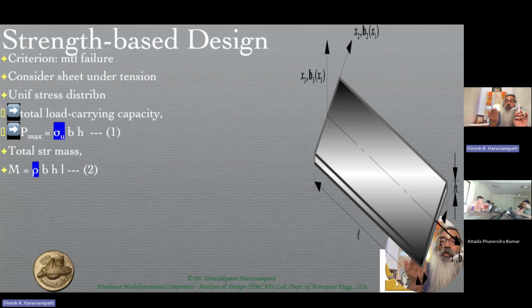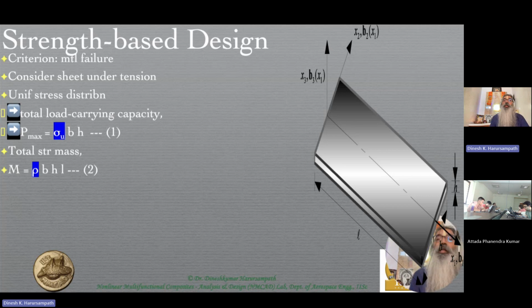So for that kind of aircraft, B times L, the chord times the semi-span, is half the planform area of the wing. That is essentially the area of the wing as you see it from the top or from the bottom. So in these two equations, we see that there are many quantities on the left and right hand side, of which B and L are quantities over which we as structural engineers do not have a play.